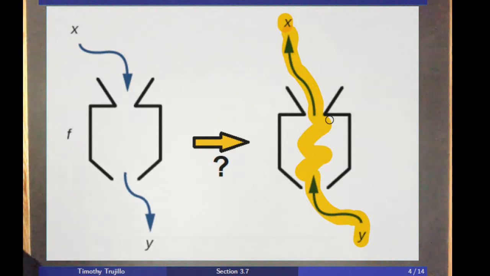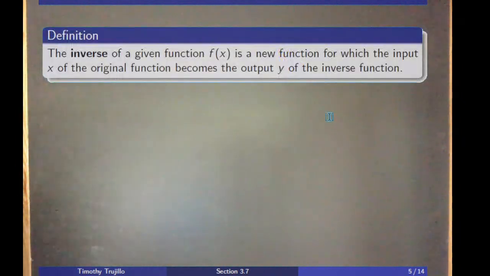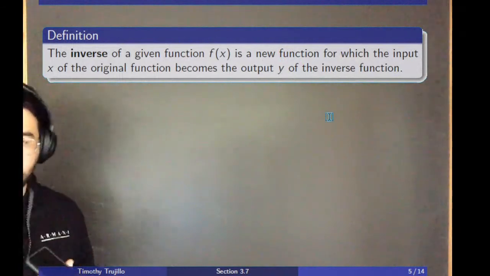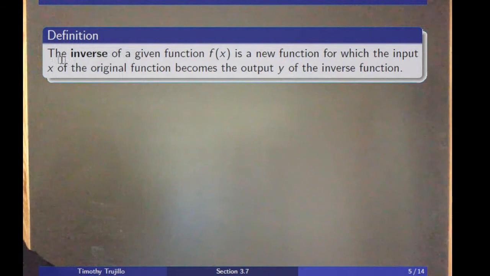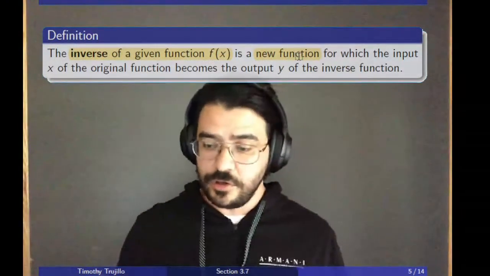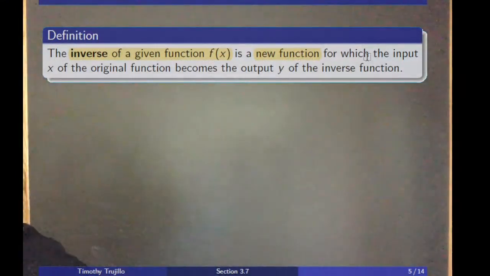Okay, so a little more formally, we have this definition, okay? So this is sort of what we've been saying graphically and then pictorially. The inverse of a given function f of x. So somebody gives you a function. The inverse is a brand new function, right? It's not the function f, it's something entirely new, where the input of the original function f of x now becomes the output of the new inverse function.